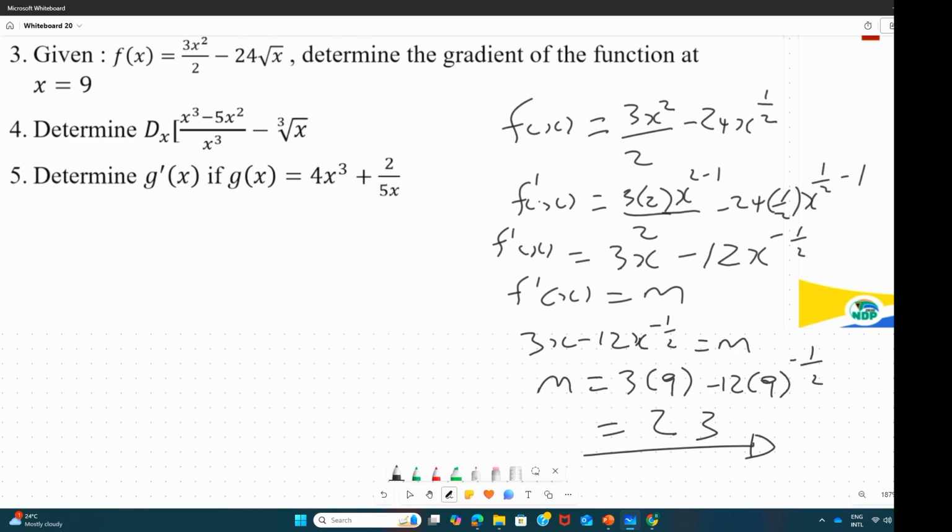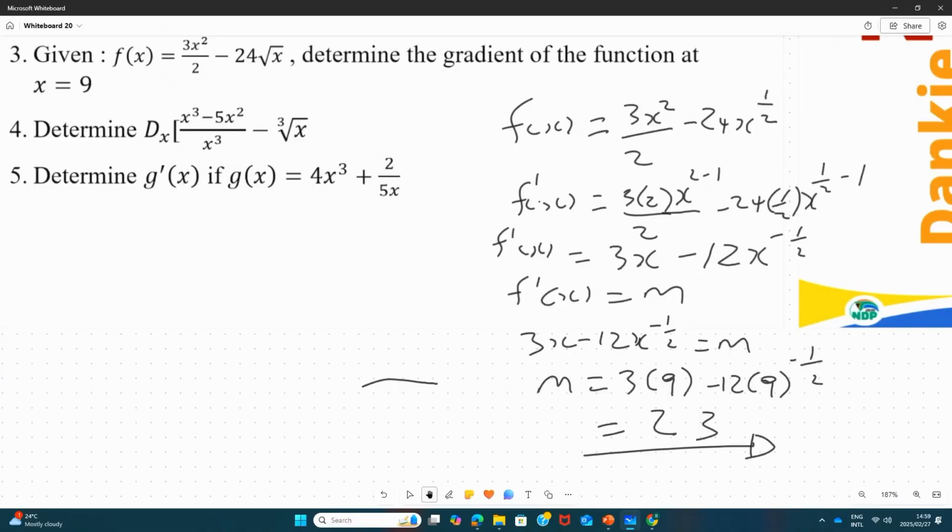So you see now how you get the gradient at the specific point. You get the derivative first, and then you just need to know that the derivative of the function is equals to the gradient of the function at any point. But in this case, we are given which point, x equals 9. Then you just substitute there to get the gradient of the function at x equals 9.